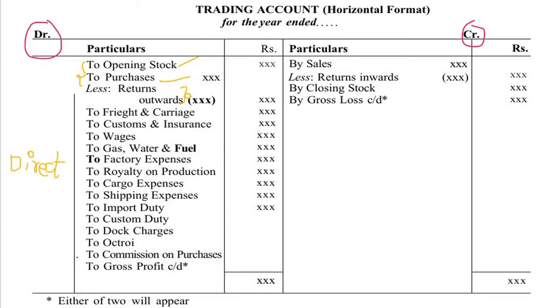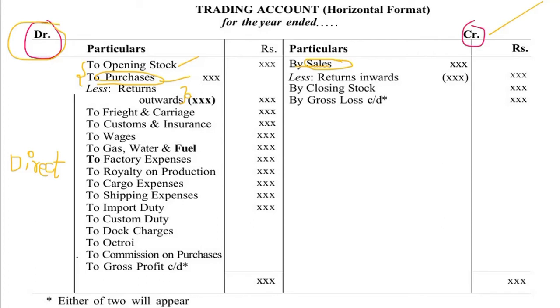Whenever you see opening stock and purchases, without guessing anything, just write them on the debit side of the trading account. Then let us check the credit side, guys. Here, sales. Purchases means we are buying the things we want. Sales means we are sending the goods from us.